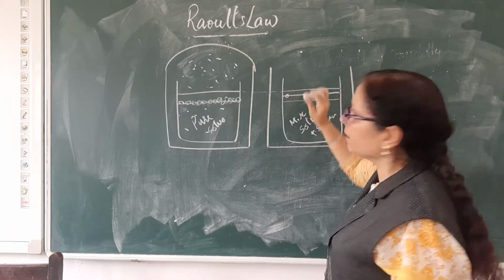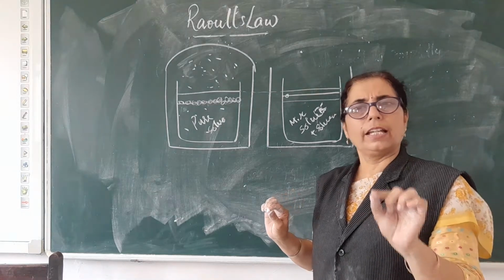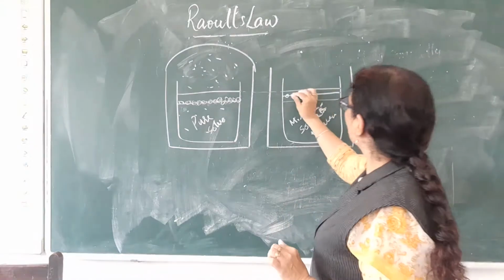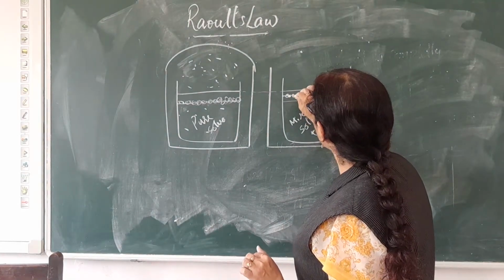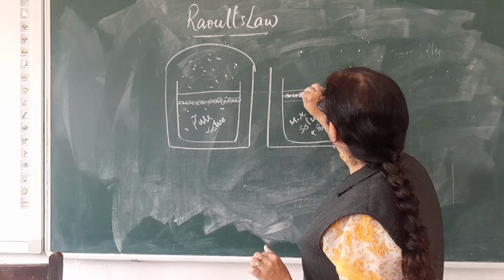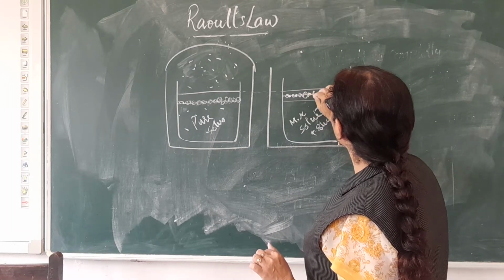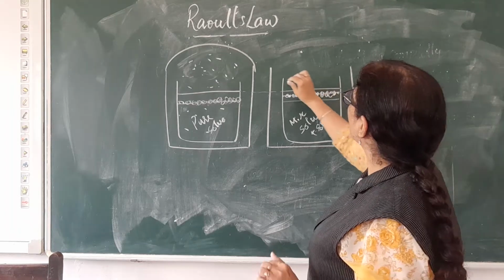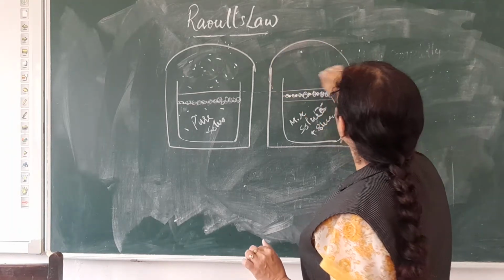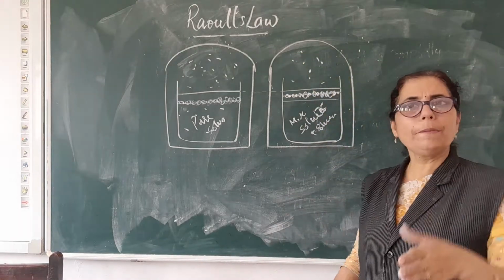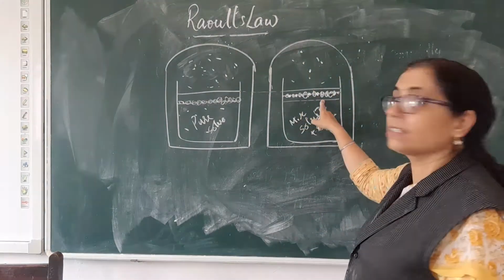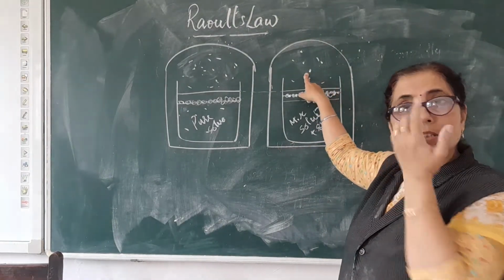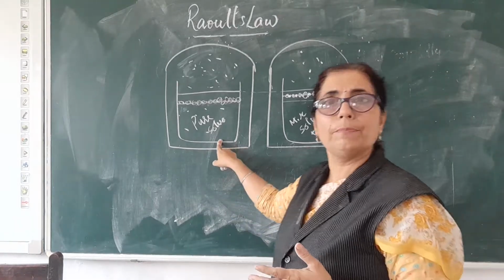Again you will find that some of the spaces are taken up by the non-volatile solute, along with the solvent. So the number of vapors formed will be less, because only the solvent present here contributes, and that is a lesser amount as compared to the pure substance.